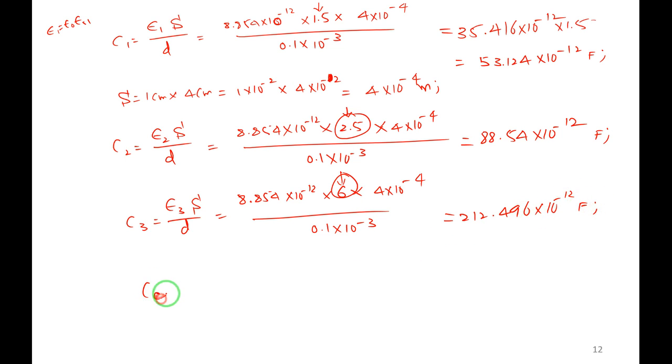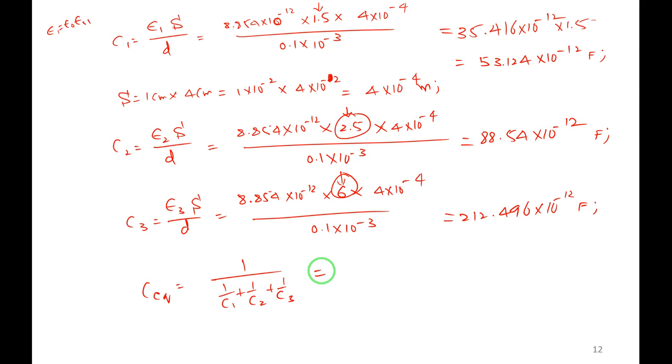Now we calculate C equivalent. It is equal to 1 divided by (1 by C1 plus 1 by C2 plus 1 by C3). First I calculate the denominator, then take the inverse. So the inverse of 53.124 exponential minus 12, plus the inverse of C2, 88.54 exponential minus 12, plus the inverse of the third capacitor C3, 212.496 exponential minus 12.